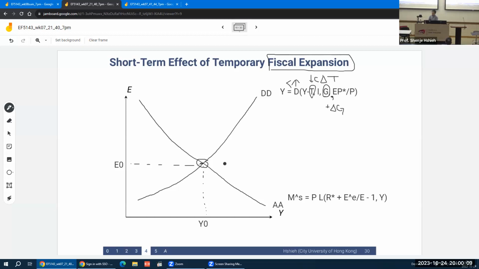And in order to restore equilibrium, supply has to be created to meet the demand, right? So Y has to increase. So for a given E with an increase in G or decrease in taxes, this DD curve at this point should shift to the right. So again, I chose E arbitrarily. If you choose any E, this one or this one, it doesn't matter. That point has to shift to the right in order to restore or clear the real economy. So the DD curve has to shift to the right.